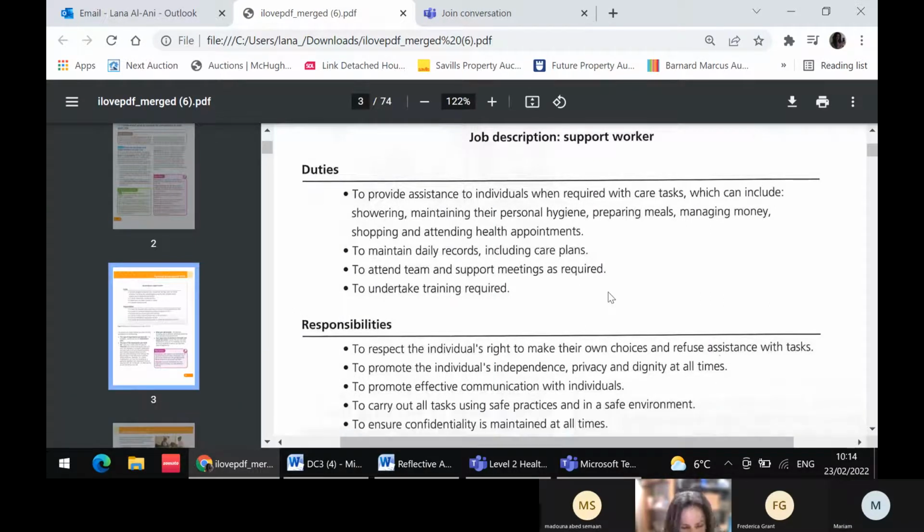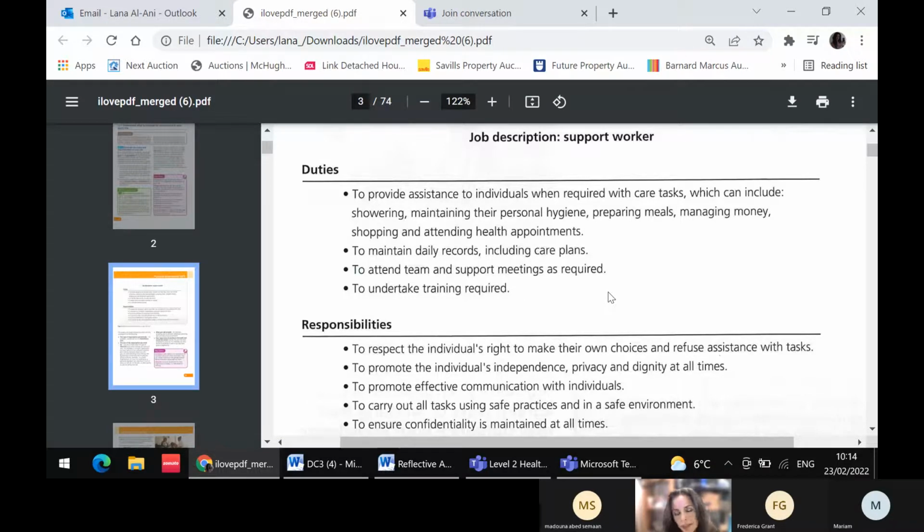Okay, so the duties are to provide assistance to individuals when required with care tasks, which can include showering, maintaining their personal hygiene, preparing meals, managing money, shopping, attending health appointments. So this is all what you do for the people you care for. Also, to maintain daily records, including care plans.